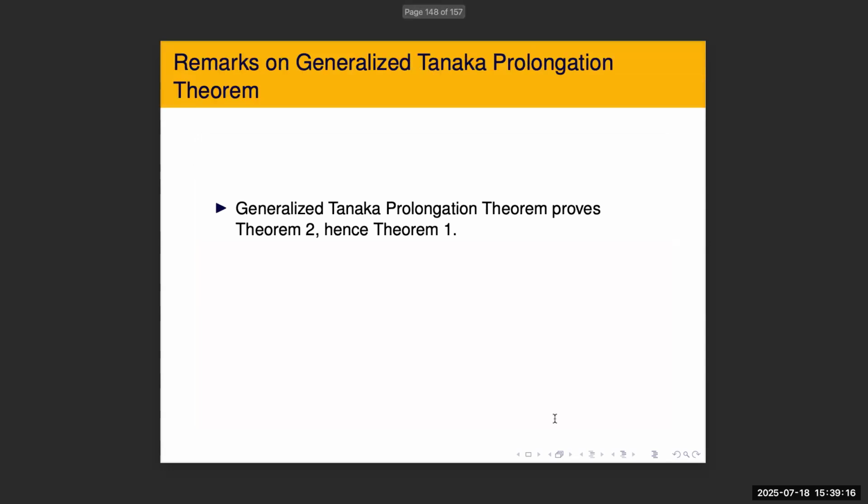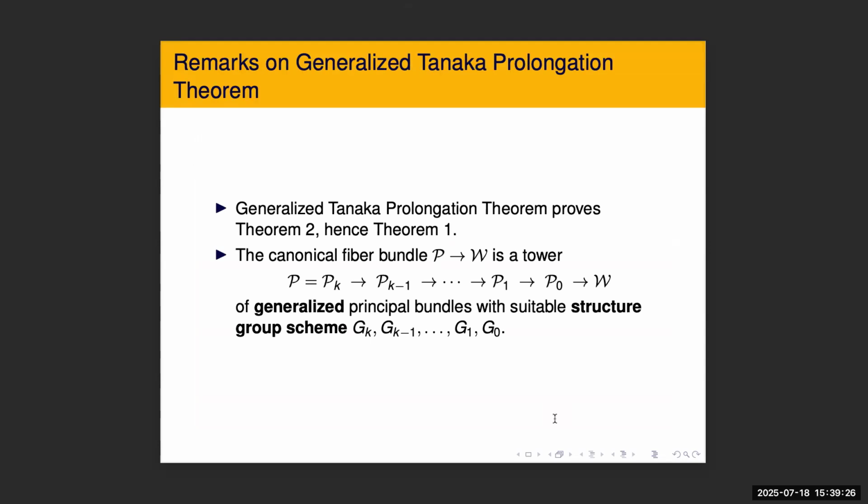Some remarks. Our generalized Tanaka prolongation theorem proves theorem 2, hence theorem 1. And in our case, this fiber bundle is a tower of not exactly principal bundles, but generalized principal bundles.